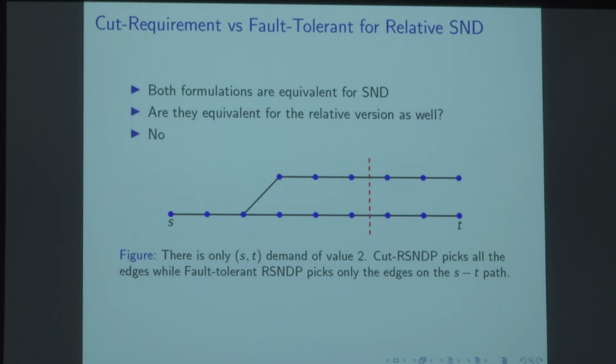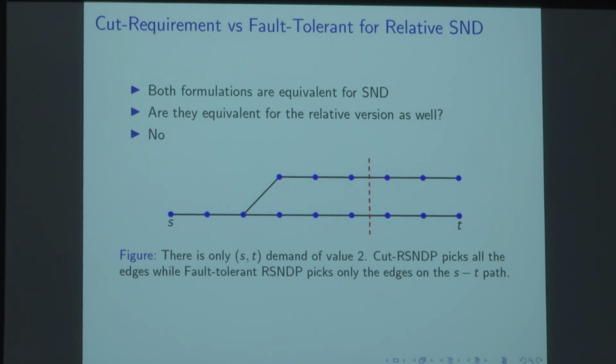So the cut RSNDP will pick all the edges, because if you look at any cut like this, the demand is min of 2 comma delta g of s, which is again 2. So I will pick all the edges across this cut. So the cut version will actually pick all the edges of the graph, but the fault tolerant one will only pick the s-t path. That's the only thing it needs to pick to satisfy the requirement, right?